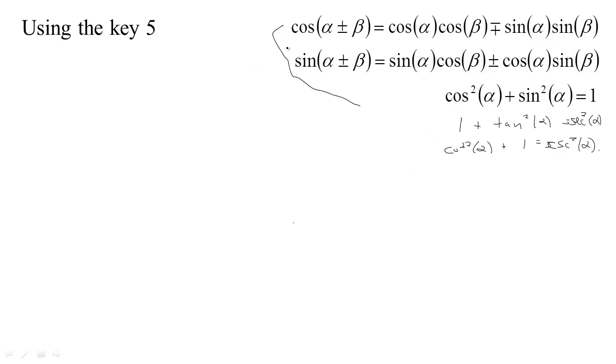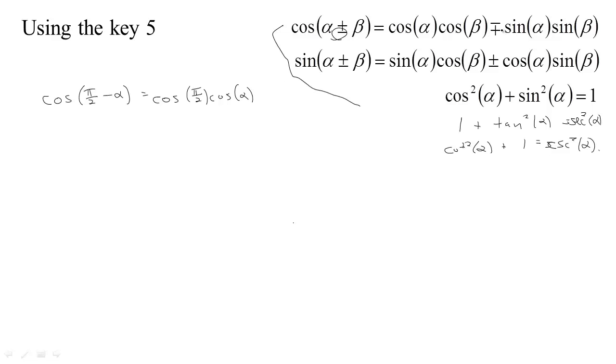You can get lots of other identities from these angle sum and difference ones together with the Pythagorean identities. One example would be the cofunction identities that we just mentioned. For example, if you looked at the cosine of pi halves minus alpha, that actually fits this first formula, right? You'd get the cosine of the first angle and the cosine of the second angle, which is alpha.